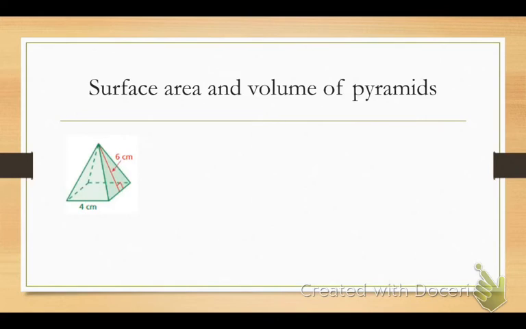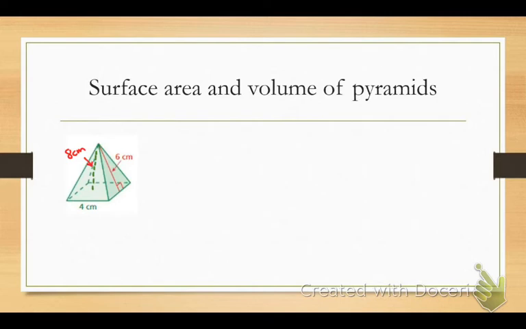Okay, surface area and volume of the pyramid. We're going to use these dimensions for surface area. I'm going to give you one more dimension going this way, and that dimension is going to be 8 centimeters.